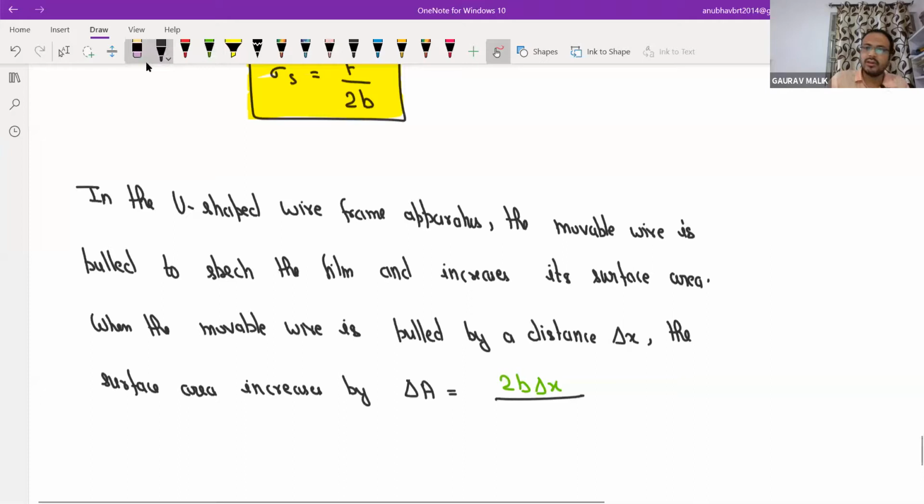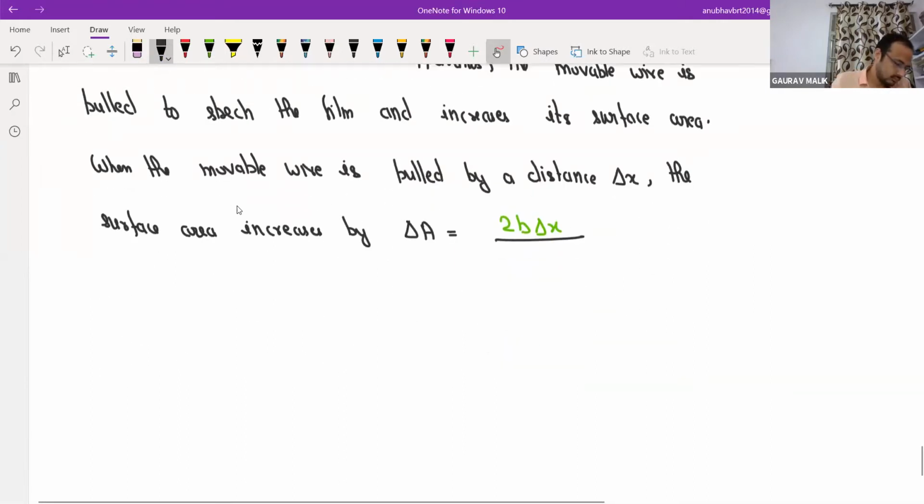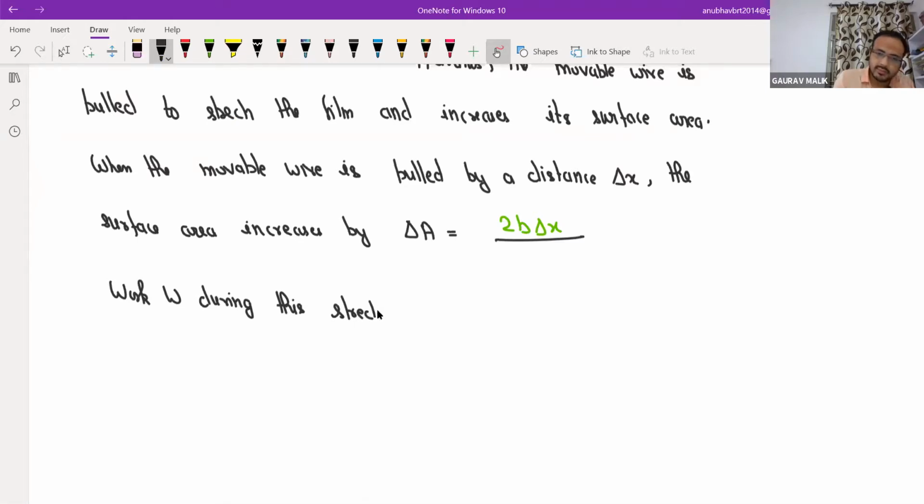Now you are able to calculate the work also. For the work W during this stretching process, work is equal to force into displacement.